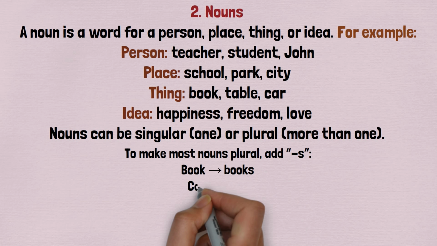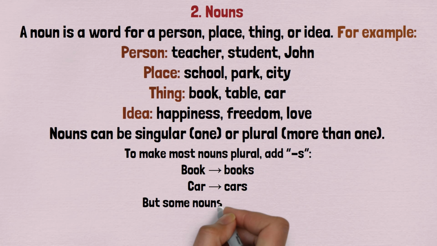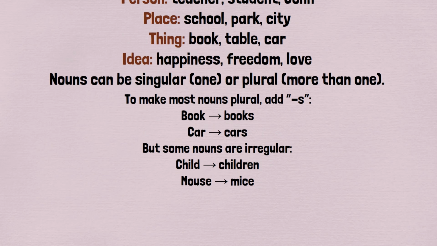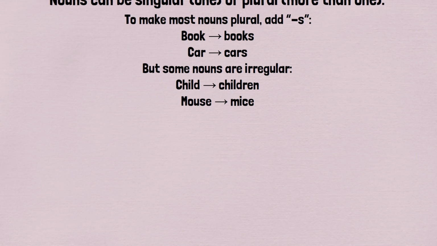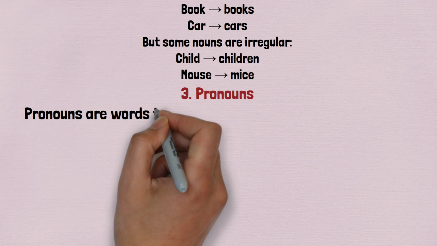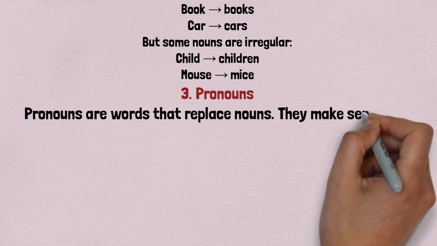Nouns can be singular, one, or plural, more than one. To make most nouns plural, add s. Book, books, car, cars. But some nouns are irregular. Child, children, mouse, mice.